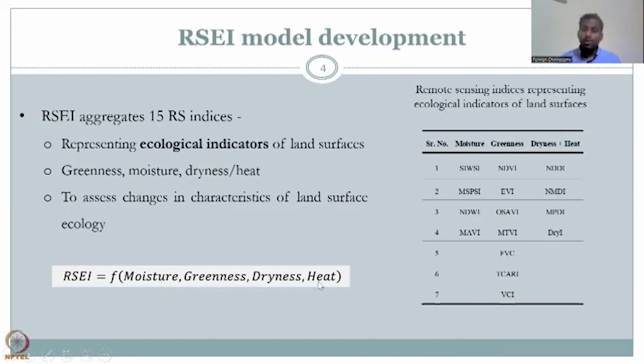However, we do know that moisture, greenness, dryness and heat may not have the same impact on RSEI. So there should be some variable in front, a parameter, a normalizing function, coefficient, we'll say, in front of moisture to show that it is weighted more or less, depending on the area and the issue.